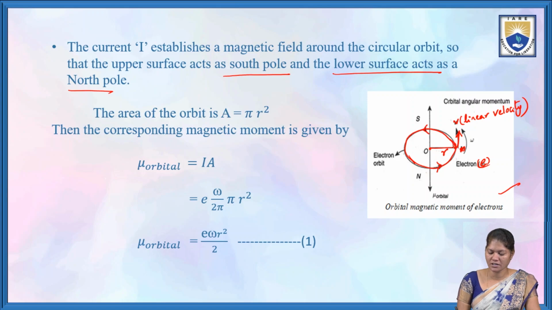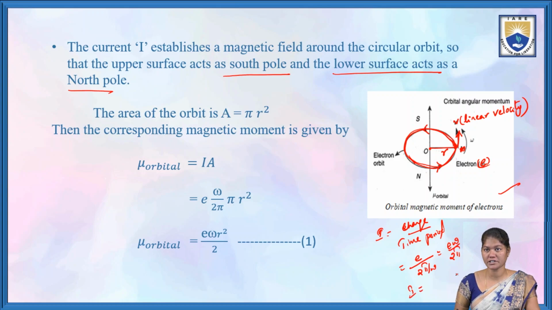When the electron is revolving in the circular orbit, it produces current. So I is equal to charge by time period, which is e by 2 pi by omega, so e omega by 2 pi.